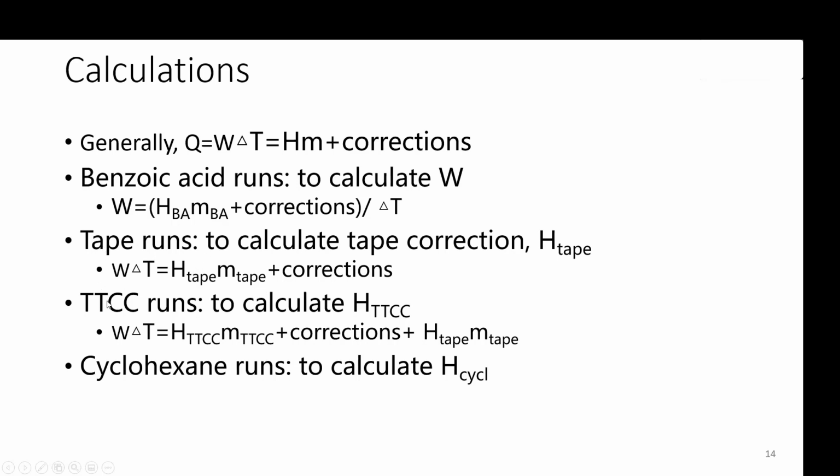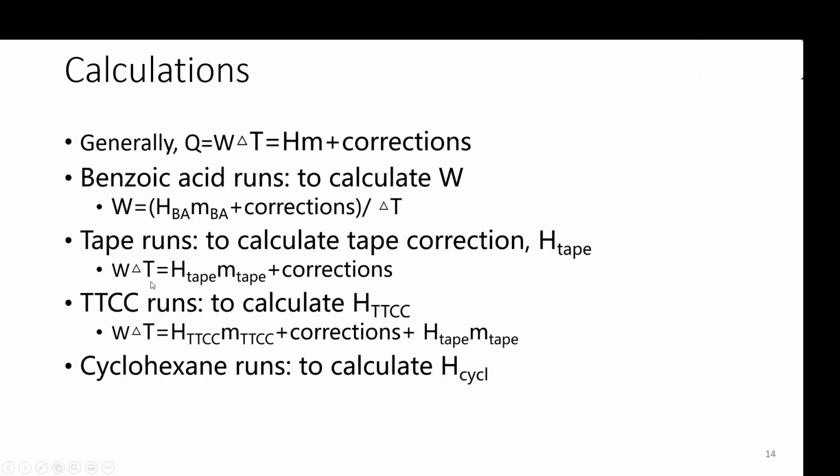After that, we can measure TTCC and the cyclohexene. In this case, we will do exactly the same thing as for tape. So we need to calculate the H of TTCC, the heat of combustion of TTCC here.